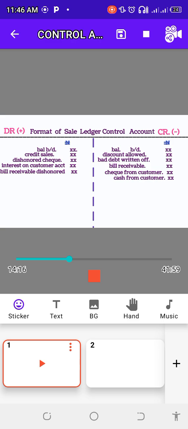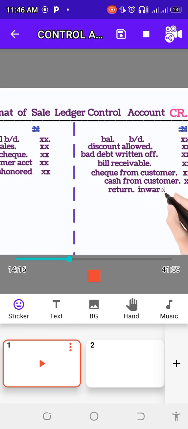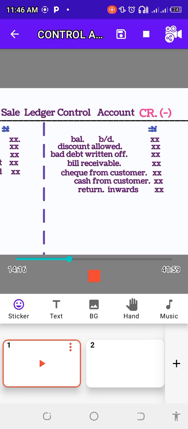When there is also return inward, or sales return, it is also to be recorded on the credit side, because sales return or return inward reduces the total debtors or total receivables.